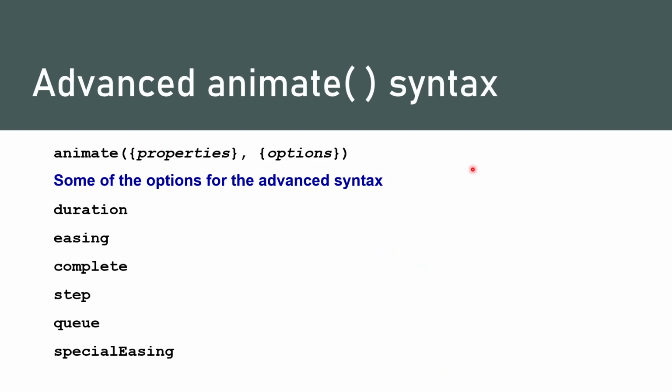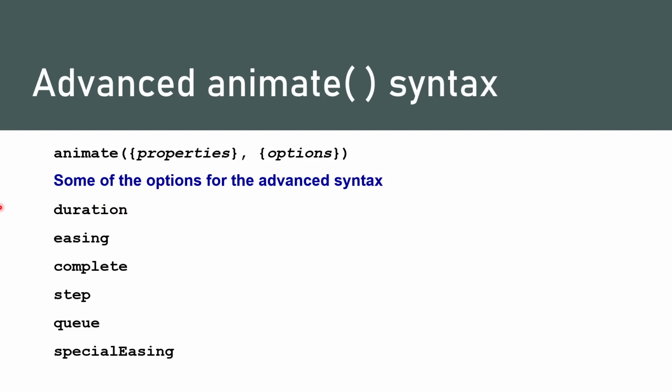Now for the animate method, we already know that we pass in as the first parameter, inside curly braces, the final CSS properties that we want the element to have. But we can also pass in a second set of curly braces with some advanced options.